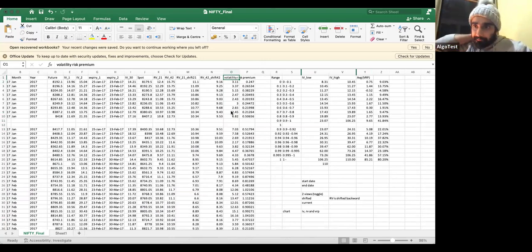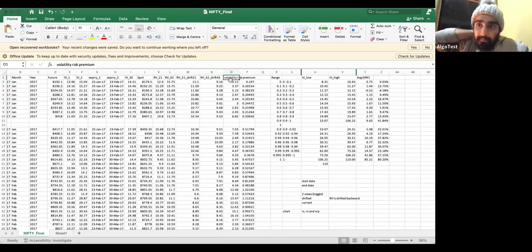Yep, that's right, Om. That's right. So this difference between IV and RV is what is called the volatility risk premium. This volatility risk premium essentially says that options, when you look at volatility space, tend to be a little expensive than what their realized volatility should imply.